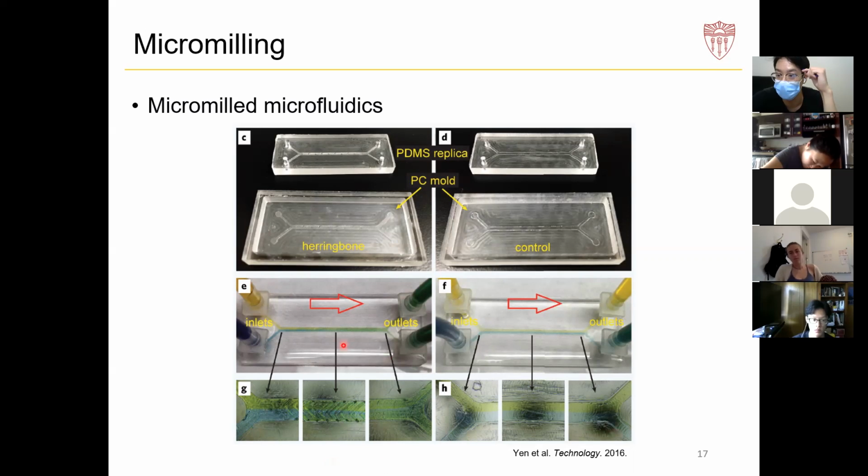This kind of application goes to show that milled microfluidic devices are still very functional, and they achieve the purpose they're supposed to, because we are able to precisely control these microscale geometries in the devices that we make.